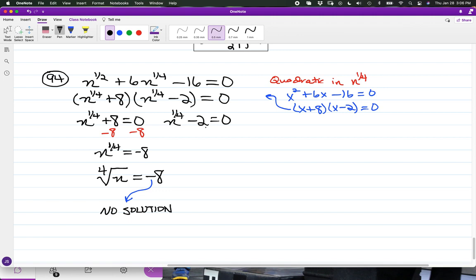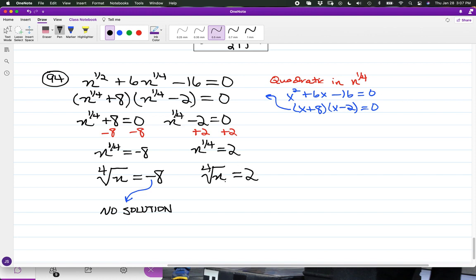Now for n to the 1/4 minus 2 is equal to 0. If I isolate the variable expression, upon adding 2 to both sides, I'm going to have n to the 1/4 is equal to 2. And here I have the fourth root of n is equal to 2.